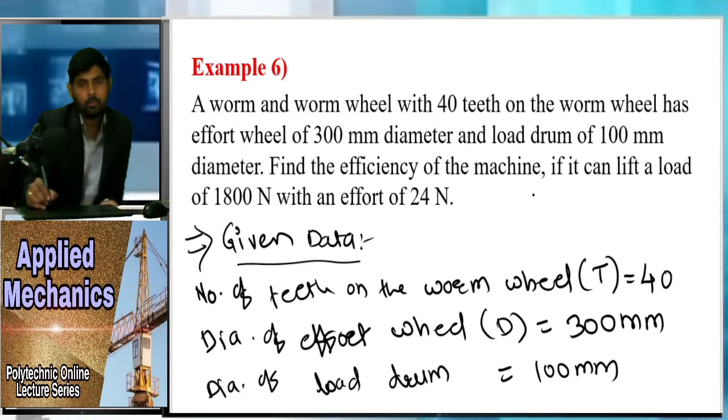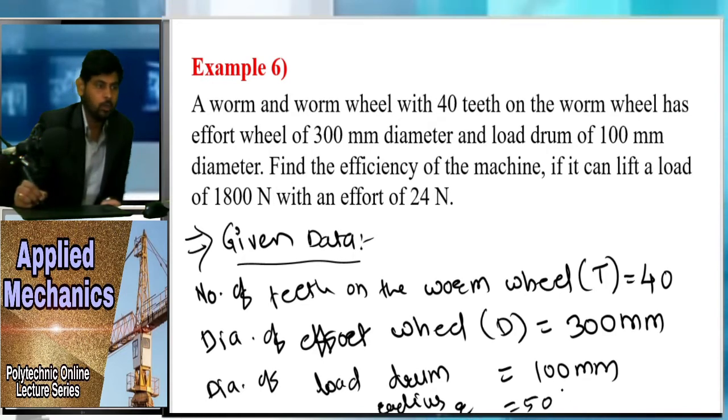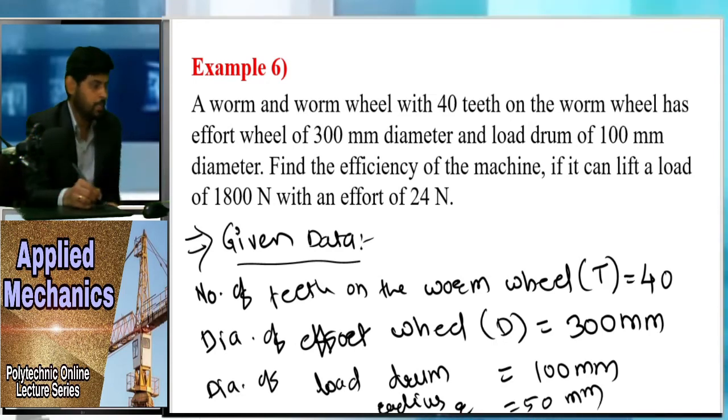After that, find the efficiency of the machine. So we have to find out the efficiency here, if it can lift a load of 1800 Newton with an effort of 24 Newton. So here we have been given the diameter of the load drum, so we can take the radius R equal to, radius is half of the diameter, or diameter is double the radius, 50 mm.